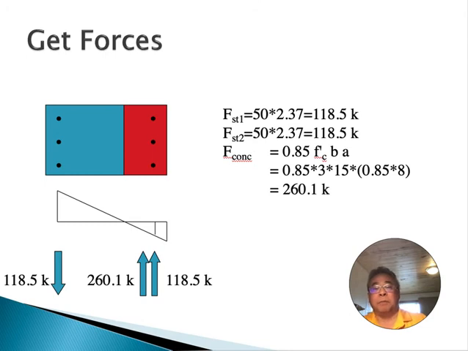So if you multiply 50 times 2.37, you get 118.5 kips. And so you have 118.5 kips in compression in the red and 118.5 kips in tension in the blue.